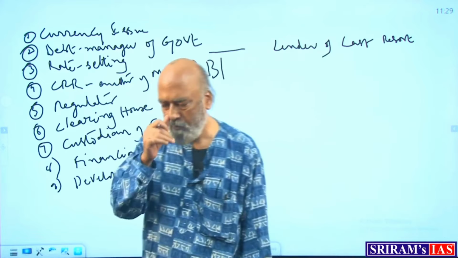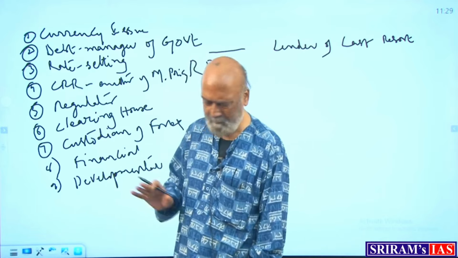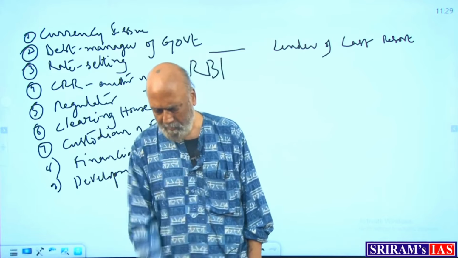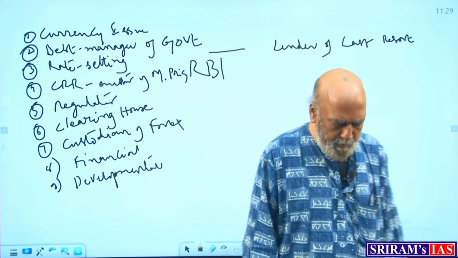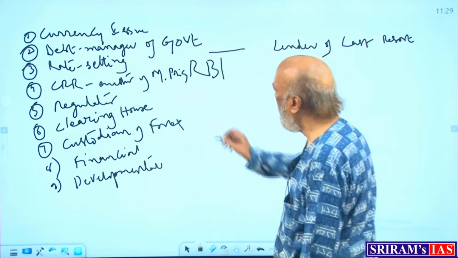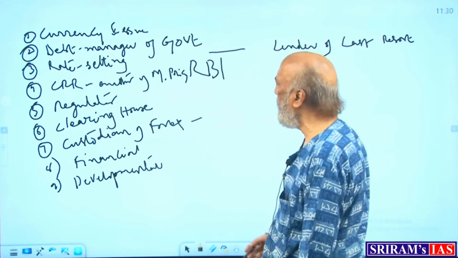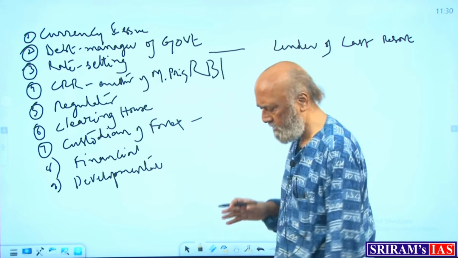That is the lender of last resort function. It's not lending to the government and all that. No, no. This is the technical meaning of lender of last resort. So, I want to talk about it and then show you a graphic related to forex, exchange rate stability, etc.